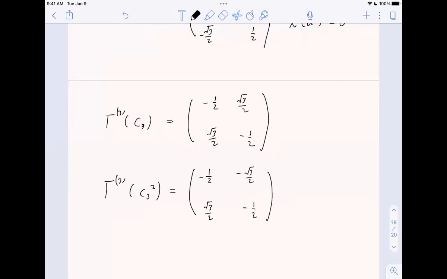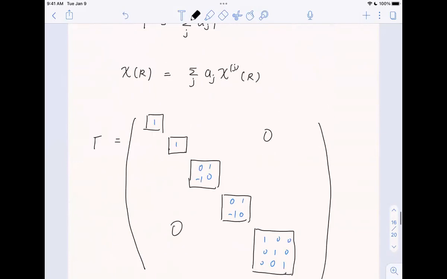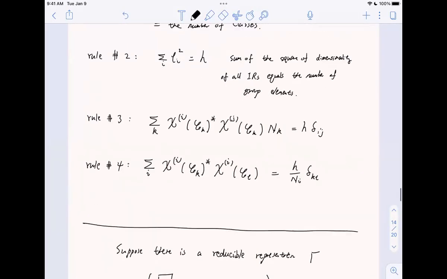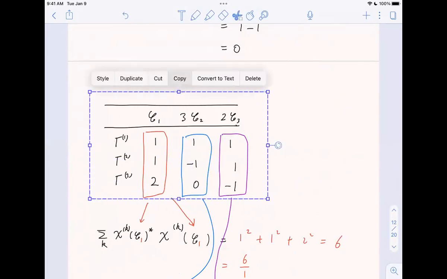So let's get the character. The character here, you sum over, will be -1, right? So this one is also -1. So you can already confirm what we did before. Let me go back and get the character table. Okay, this character table.